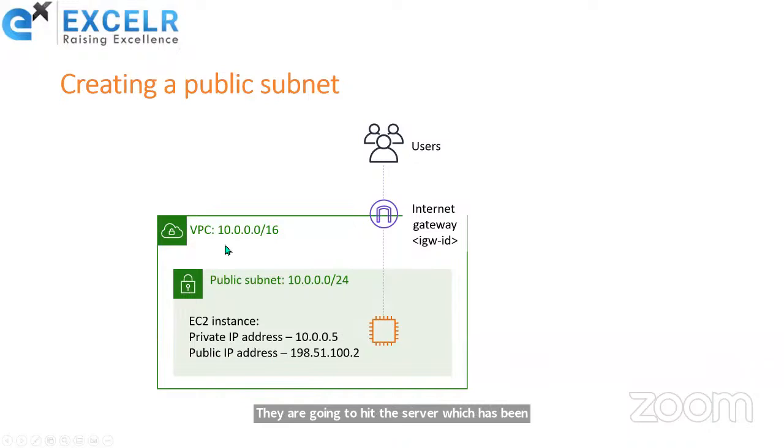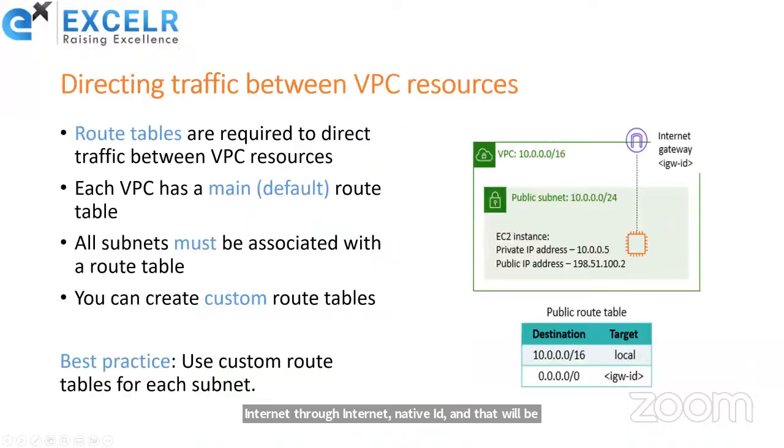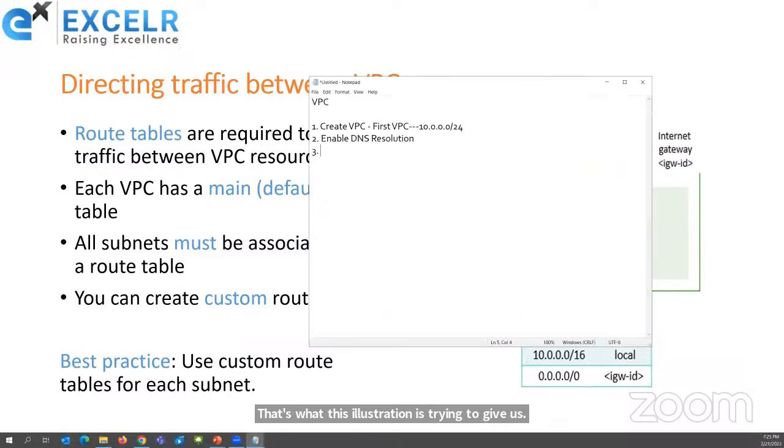You can see this is an EC2 server, and this is a VPC, for example. This public subnet has been carved out of it. The internet comes in through the internet gateway ID here. You can see the users are able to reach the internet through the internet gateway, and that is connected to the public subnet. That's what this illustration is trying to show us. Okay. So let us create a public subnet first.